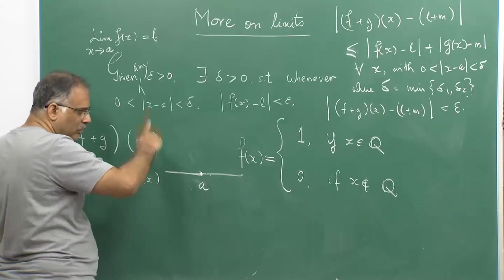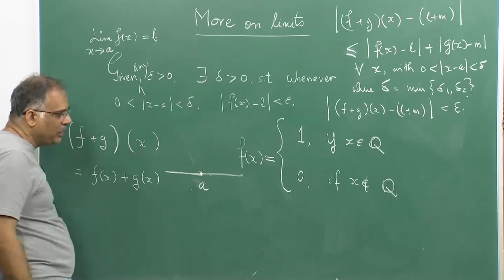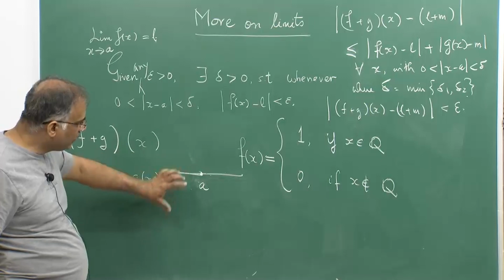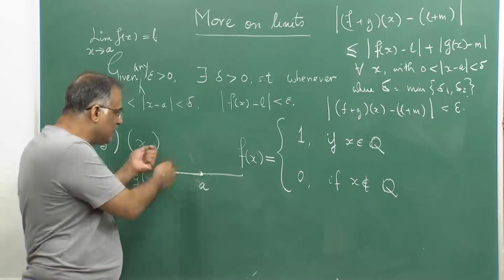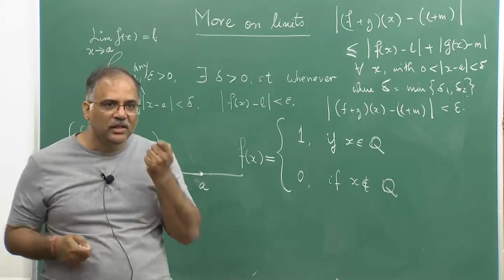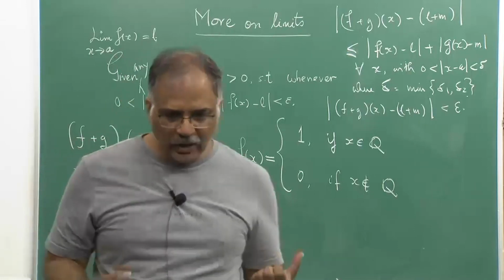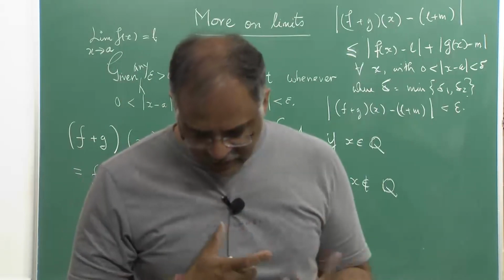So they are oscillating 1, 0, 1, 0, 1, 0. You can imagine in your mind that obviously it is not going towards any limit. Now, how would you handle that scenario?